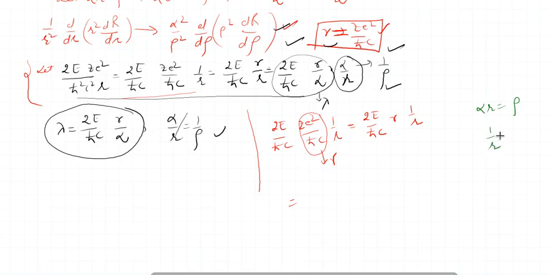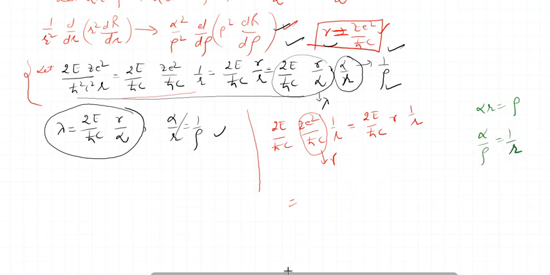So 1 by r can be written as rho over alpha, not, sorry, it is 1 by r. So alpha over rho is equal to 1 by r.